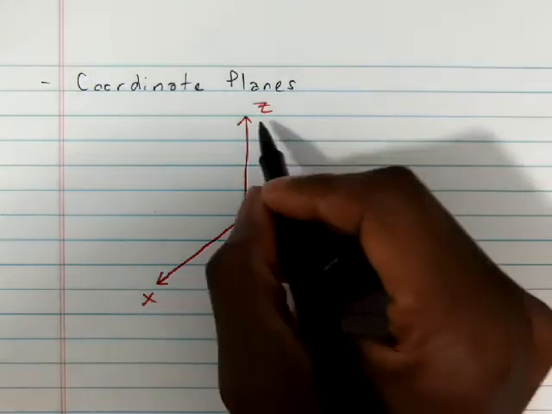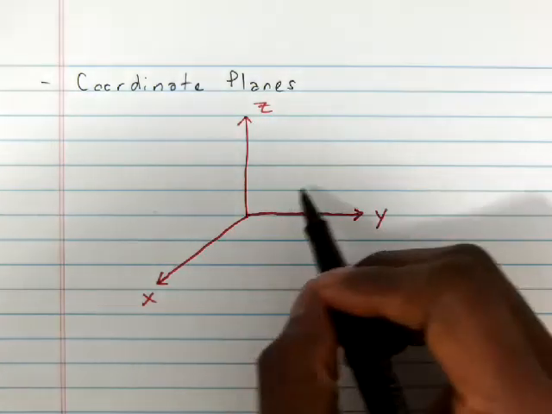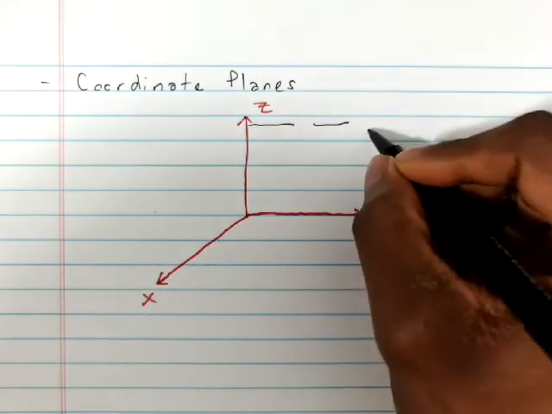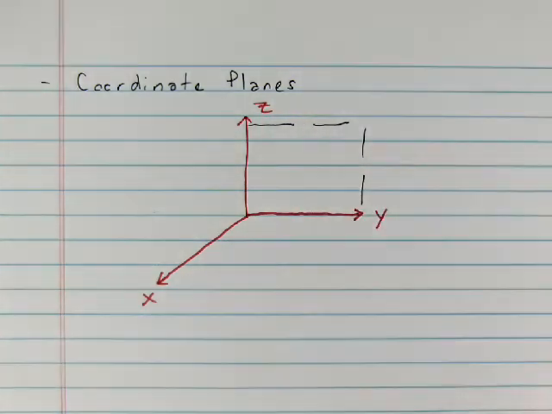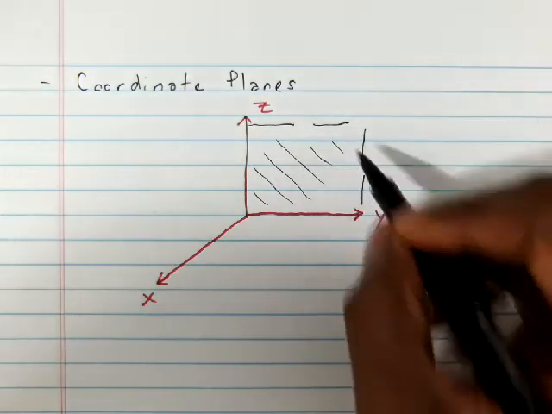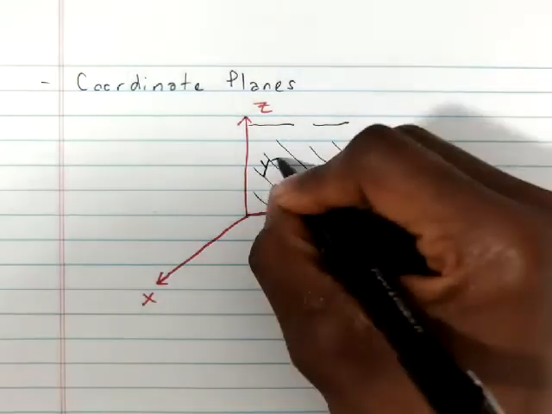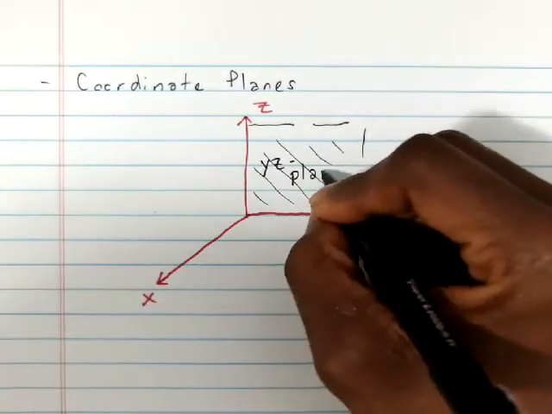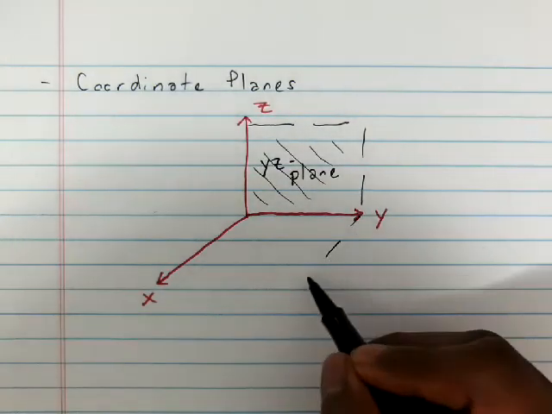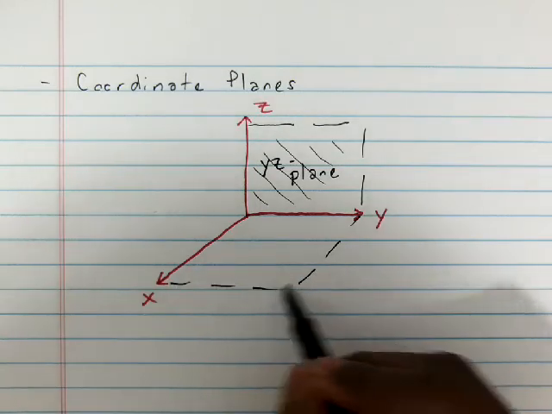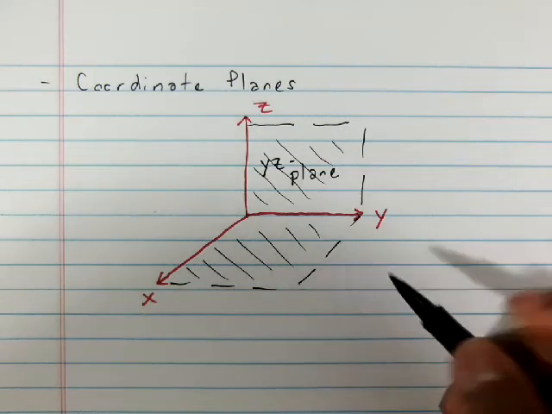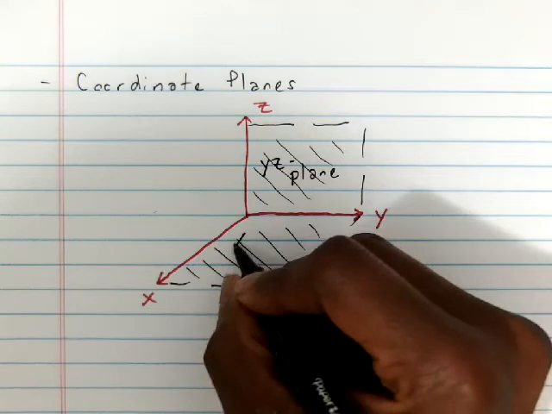Now, this YZ plane goes on forever, but I'm just going to put a little dotted line there. Remember the YZ plane, our page, that would be the YZ plane. Then down here, this plane down here would be the XY plane.